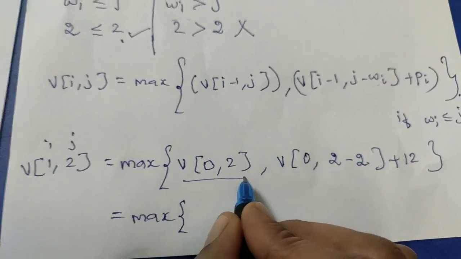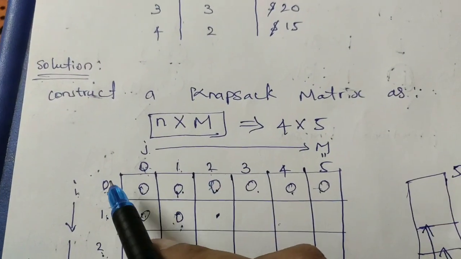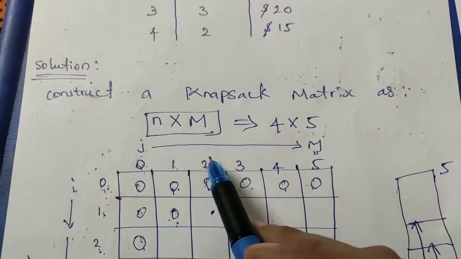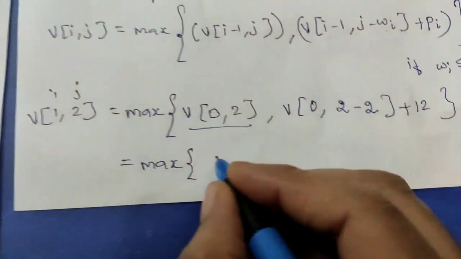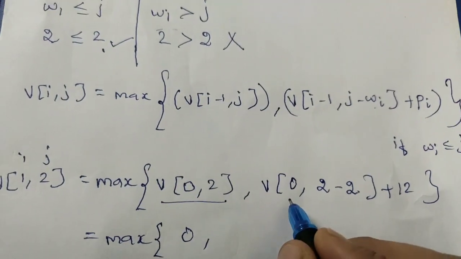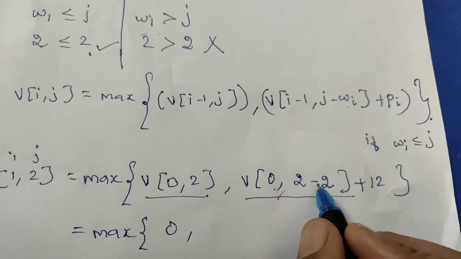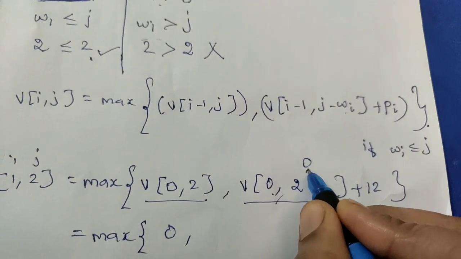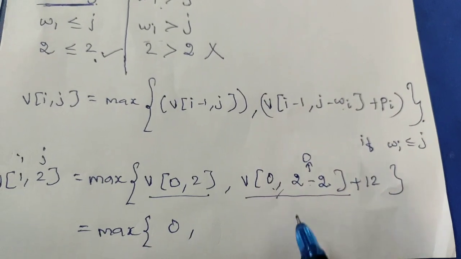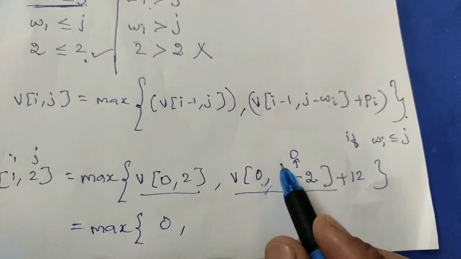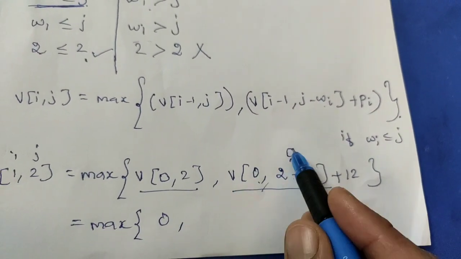Now go to your knapsack matrix. Find the value of V of 0, 2. In the knapsack matrix, in the location 0, 2, I have the value as 0. So write it here. Go to this location, that is 0, 2 minus 2, it will be 0. So go to your knapsack matrix, find the value in this location V of 0, 0.